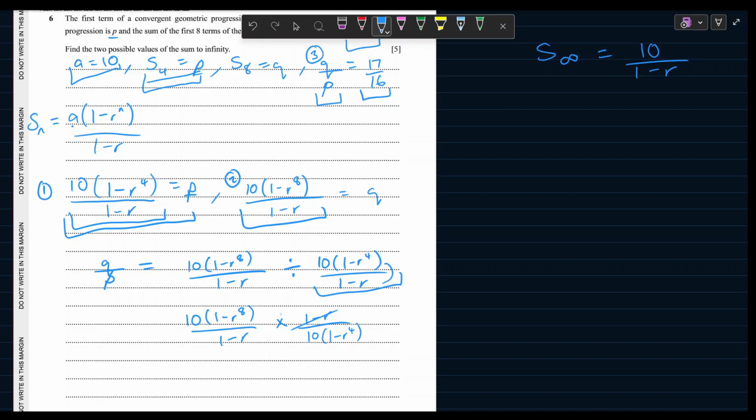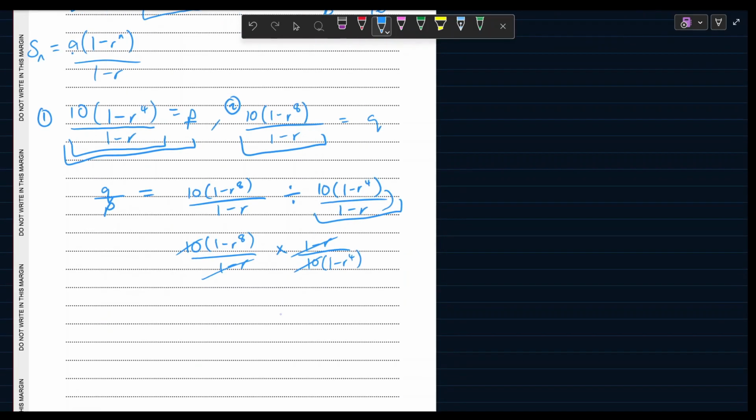So 1 minus R cancels out with 1 minus R, 10 cancels out with 10, and you end up with 1 minus R to the 8 over 1 minus R to the 4.